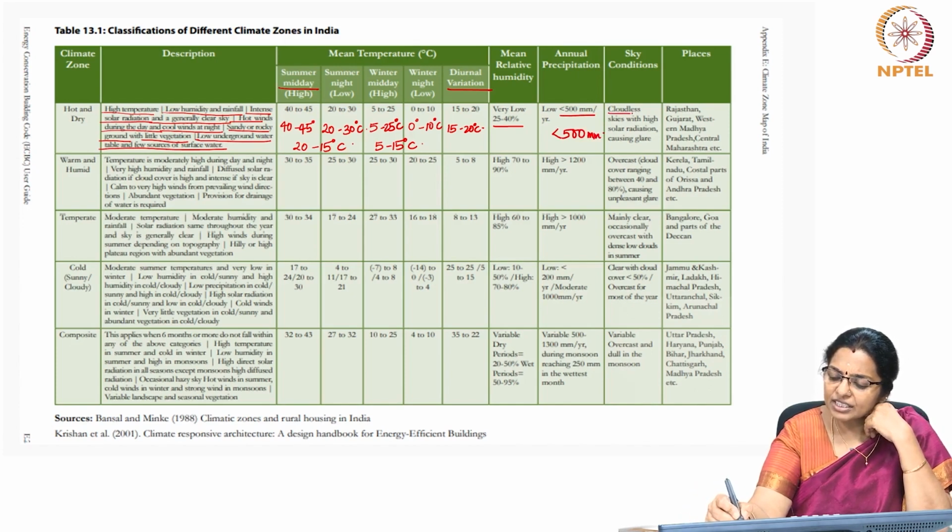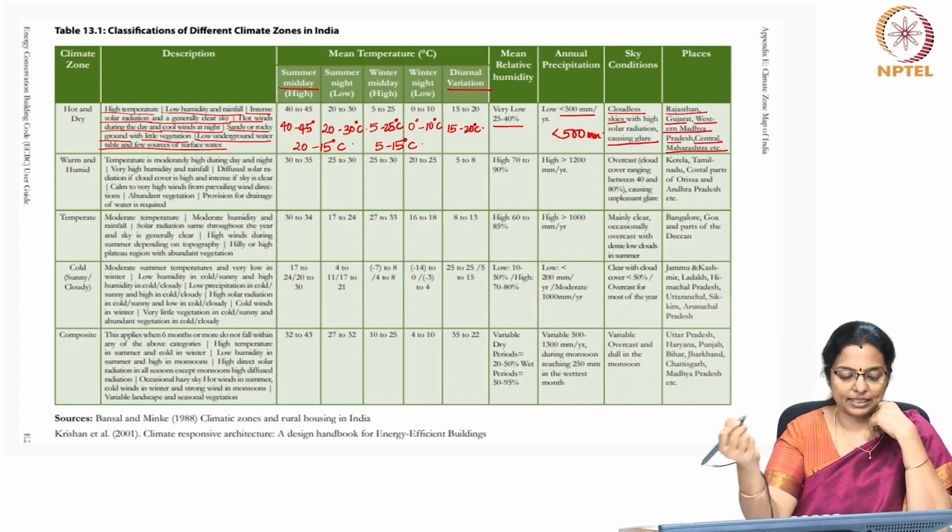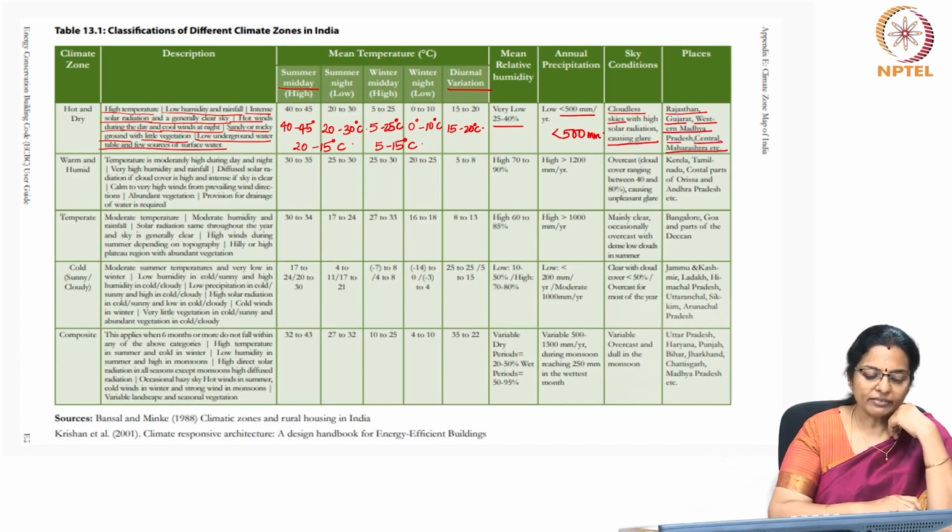Sky condition is cloudless sky with high intense solar radiation which can cause glare. Places which have these climate characteristics are Rajasthan, Gujarat, Western Madhya Pradesh, Central Maharashtra, etc. Then we have the warm and humid climate.